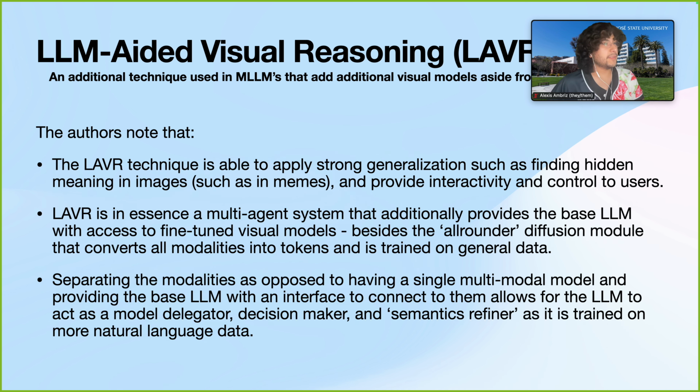And LAVR is in essence a multi-agent system or multimodal system that has multiple models. As I mentioned previously, usually MLLMs have one model that takes multiple kinds of data as input, and then it has a diffusion module that interprets all of the data and combines it into a token or multiple tokens, and has one input and output point, which is the base LLM.